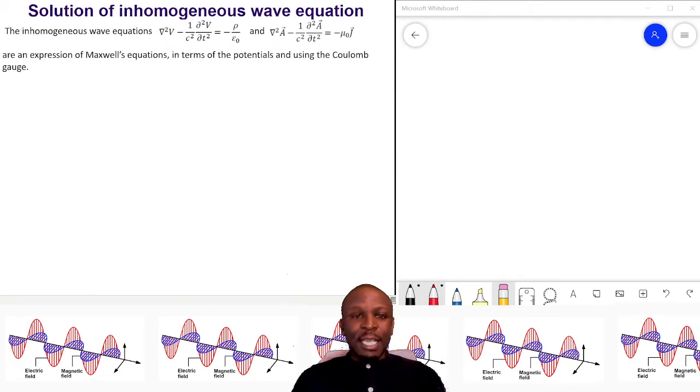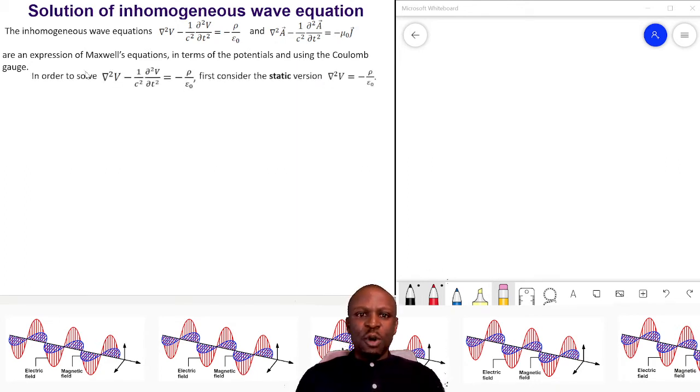Right. Now let us talk about the solution of this inhomogeneous wave equation, because this is what we have derived in terms of the scalar potential and the vector potential. These are an expression of Maxwell's equations in terms of the potentials, using the Coulomb's gauge.